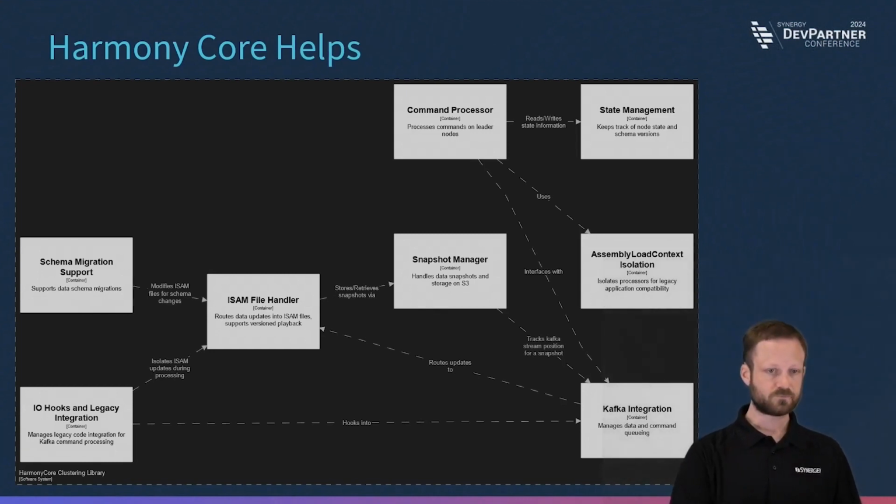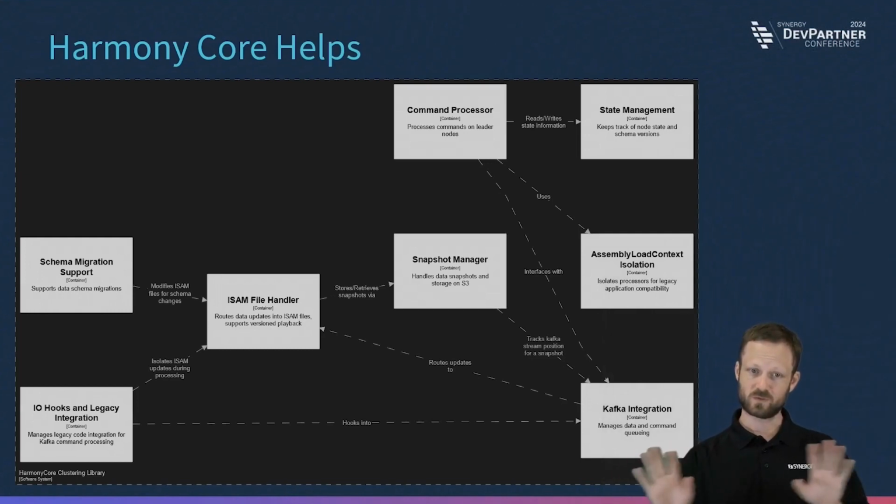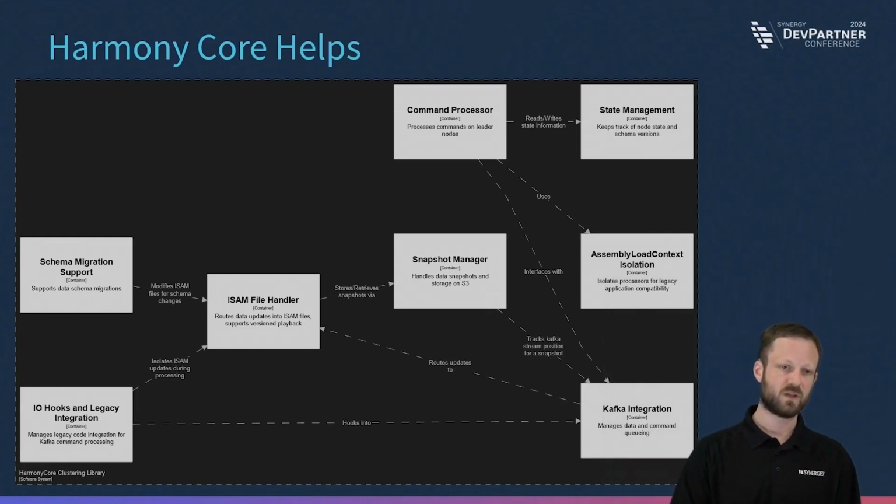So there are several other problems that we haven't talked about here yet. If I'm doing blue-green sort of deployments where I have multiple versions active in the same system, that means that I need to be able to support migrating schemas of data live.